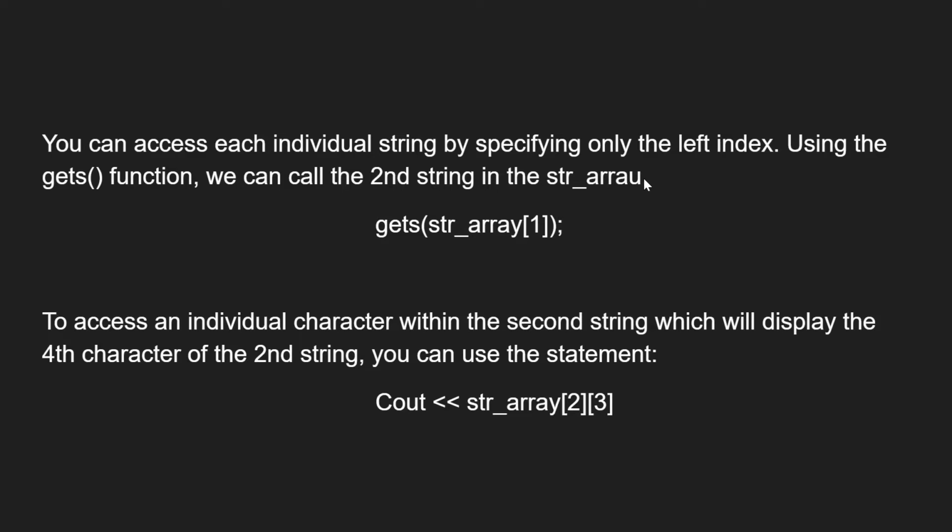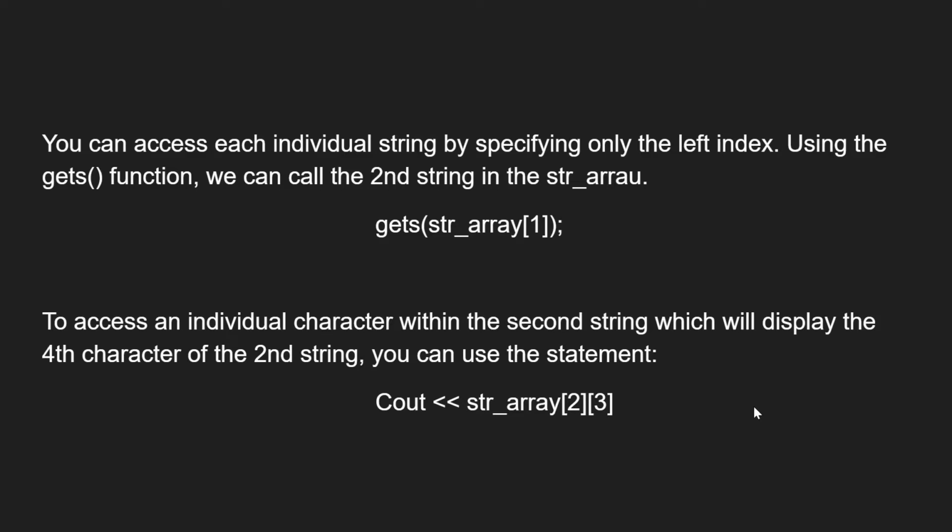To access an individual character within the second string, which will display the fourth character of the second string, you can use this statement below. Cout, and then we've got str array, and the array values here, which is 2 for the first element and 3 for the second element.